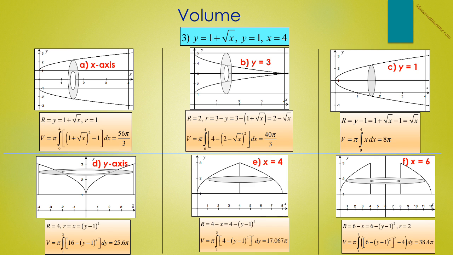So V is equal to pi integral from 1 to 3 of the quantity 6 minus quantity y minus 1 quantity squared, the whole thing squared, minus 4 dy, which is 38.4 pi.